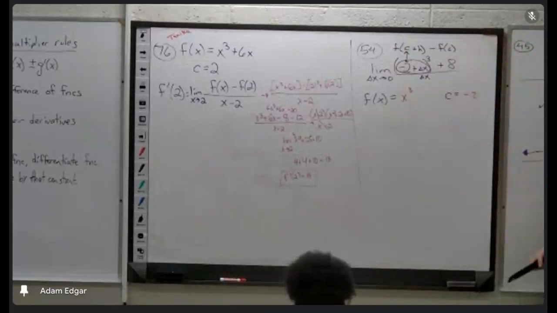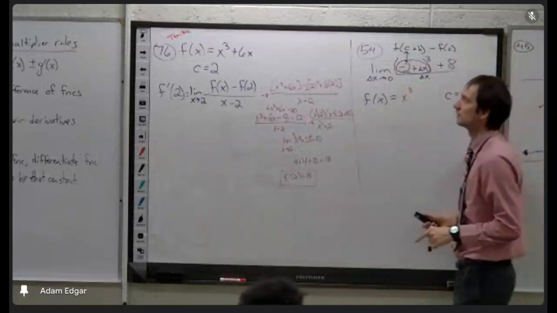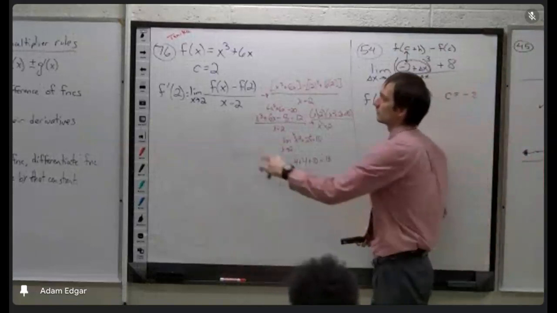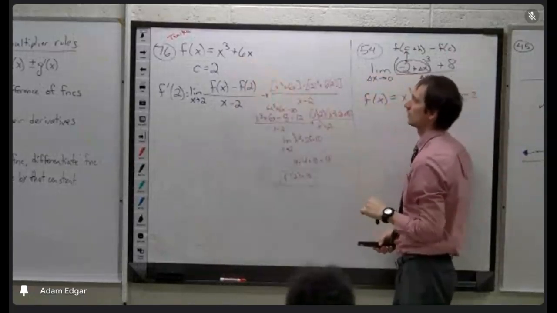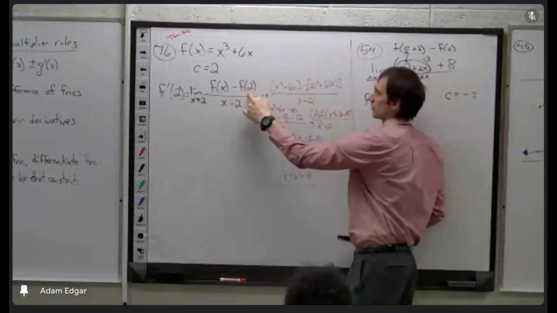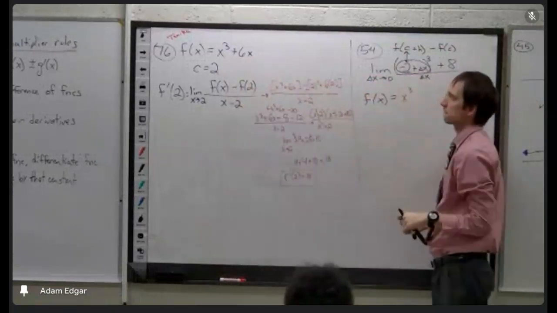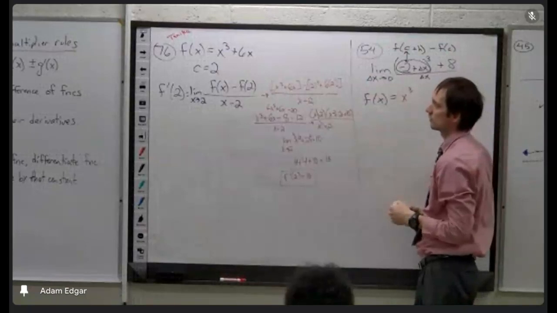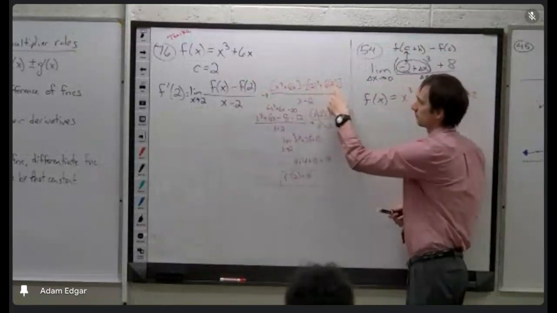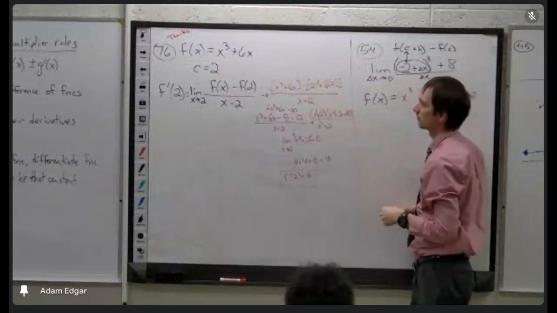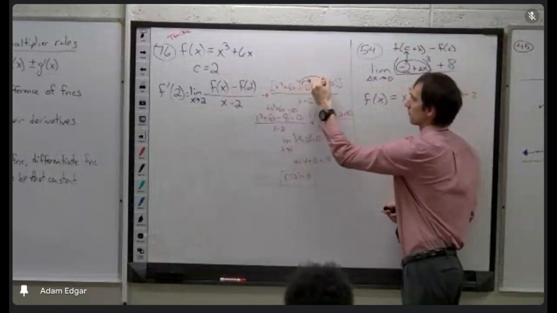Tanika, talk to us. There you are. So I just started substituting, and f of x is just the function, so it's x cubed plus 6x. And then f of 2, I just substituted 2 for each x. So 2 cubed plus 6 times 2. And then I started evaluating it out, and so it's x cubed plus 6x minus 8 and minus 12 because of the negatives.